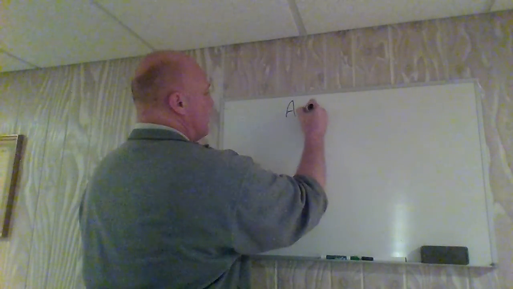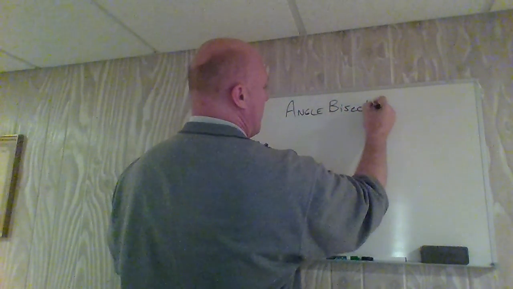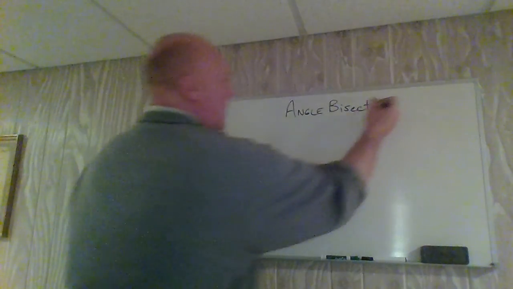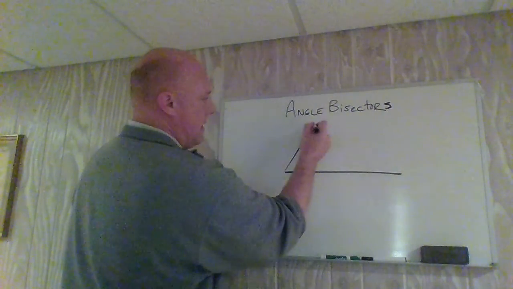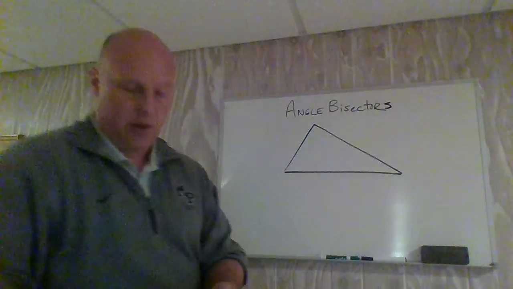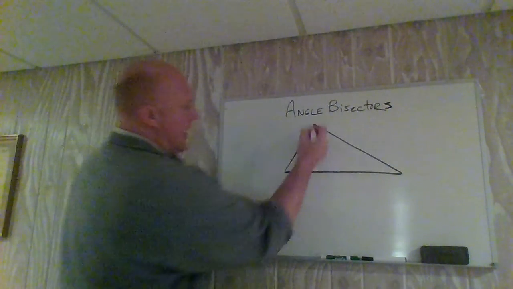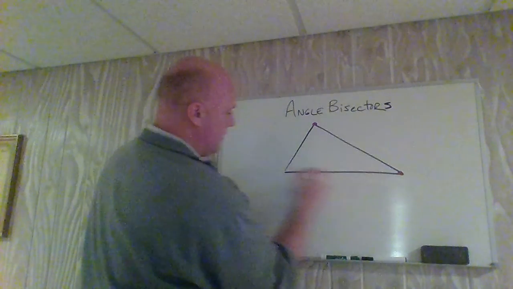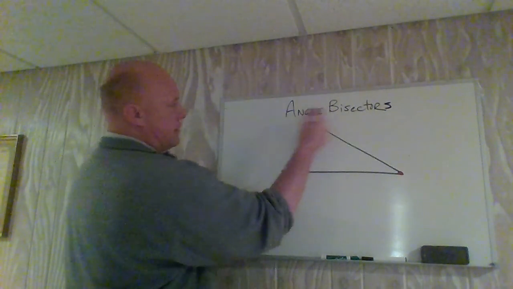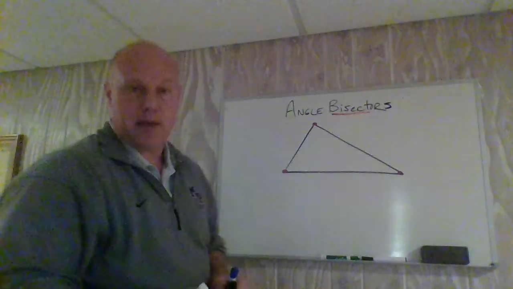Okay, so let's talk about angle bisectors. Angle bisectors would look like this. Let's draw any old plane triangle. Again, this starts at each vertex. So we draw a segment at each vertex, and it's going to bisect each of these 3 angles and cut them in half.